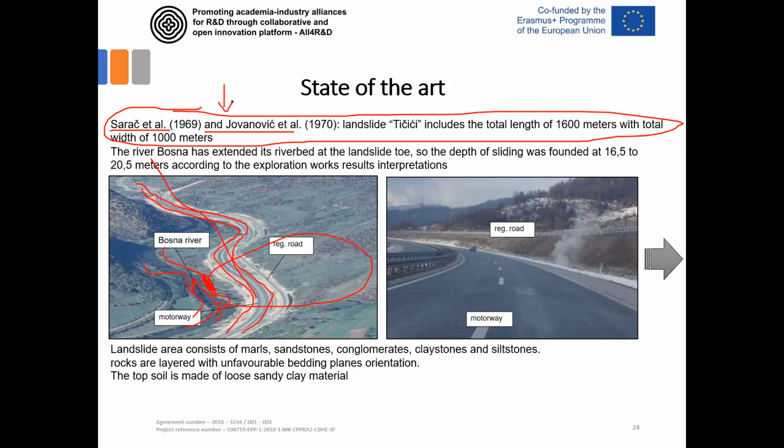Looking at the information known about this landslide from the past, Professor Sarac and Jovanovic mentioned potential sliding at a depth of 16 to 20 meters. So it's a very, very deep landslide, and any sliding at this depth, of course, will need plenty of support measures.